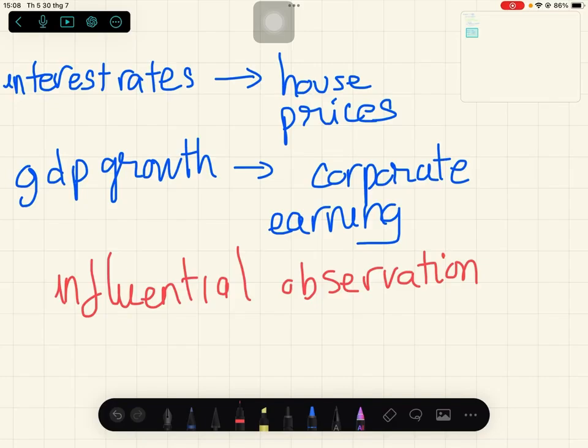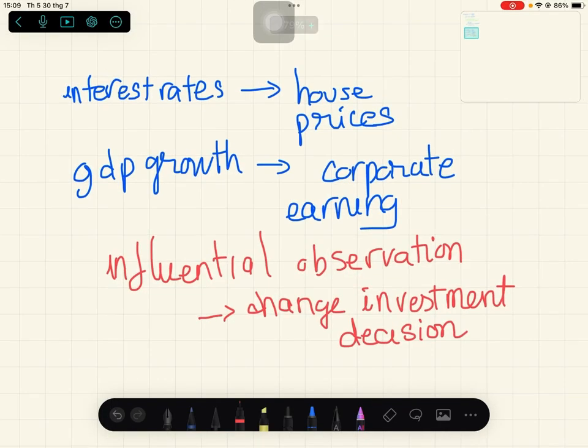It changes the estimated coefficients, it changes predictions, it changes statistical significance, and ultimately it can change investment decisions. That is why professional analysts always check whether a regression result is driven by the overall dataset or by just one unusual observation.